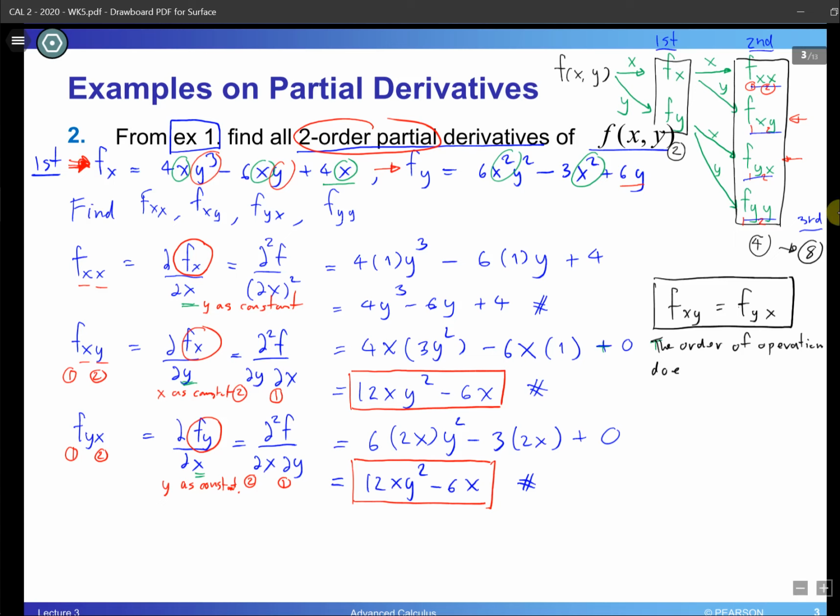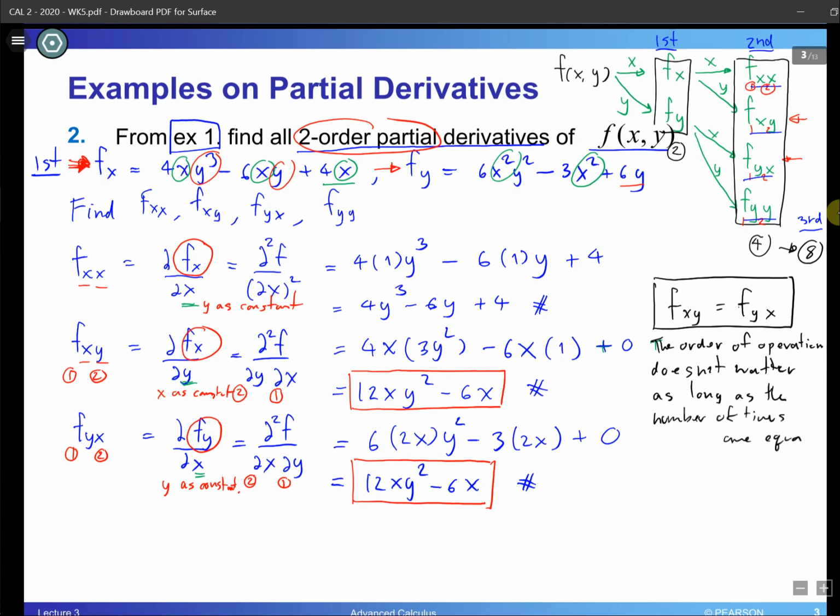So the order doesn't matter here, as long as, this is important, as long as the number of times are equal.